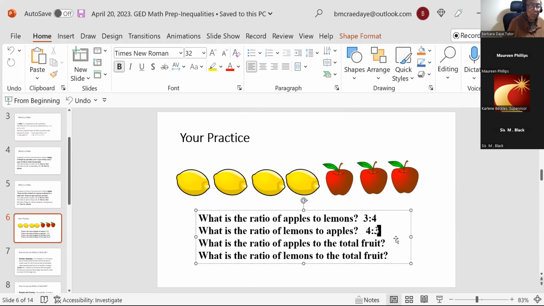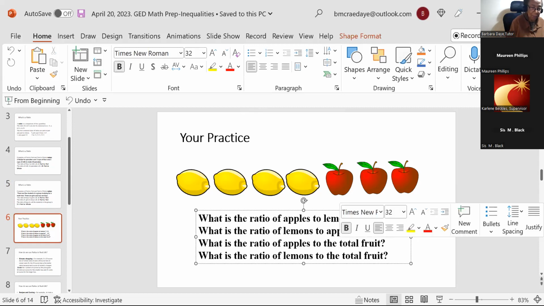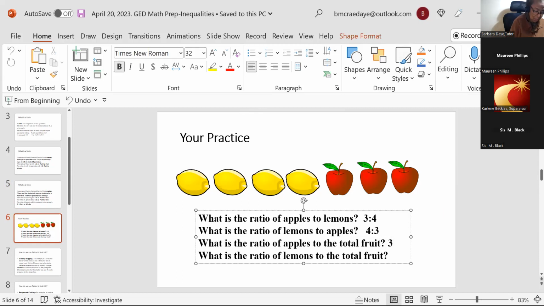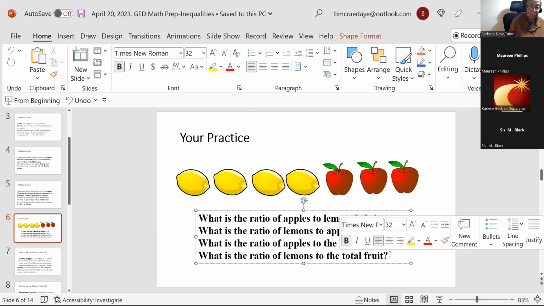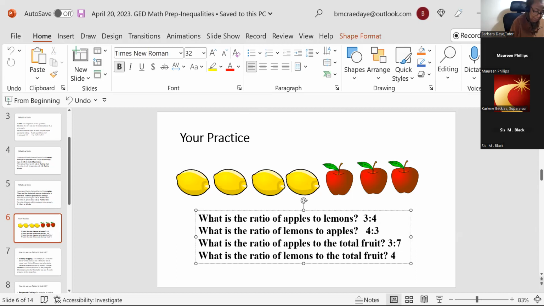Now, ladies, what's the ratio of apples to the total fruit? The apple to the total fruit would be 3 to 7. So 3:7. Maureen, what's the ratio of lemons to the total fruit? It would be 4 to 7. Okay, now you got it. You're ready to do some problems then, right?